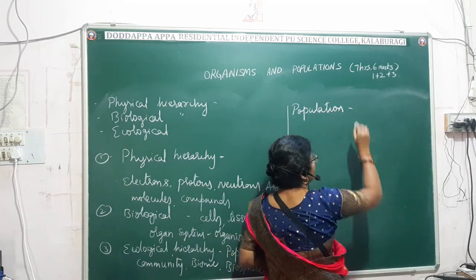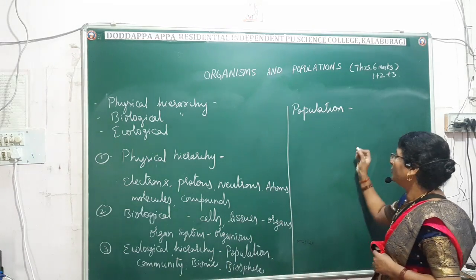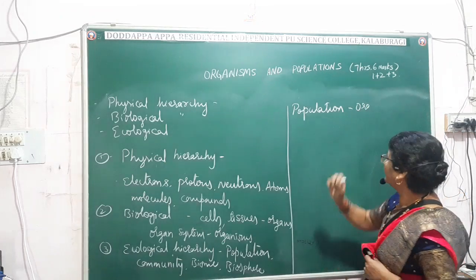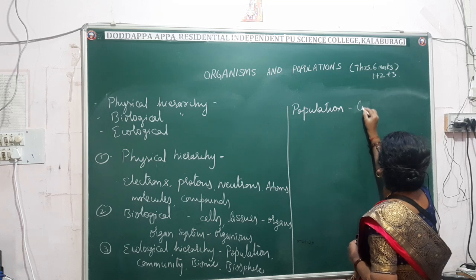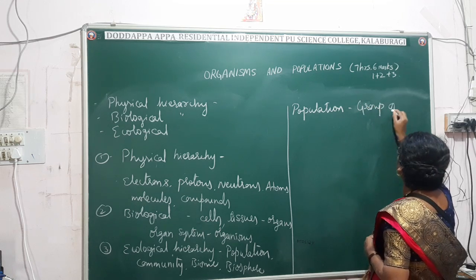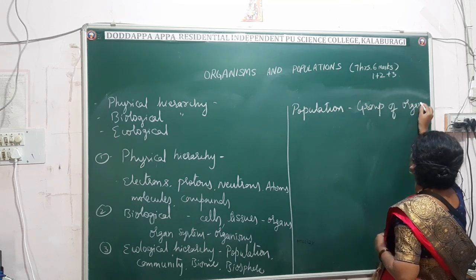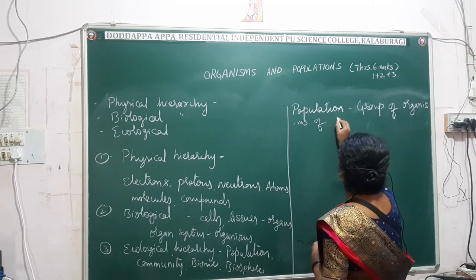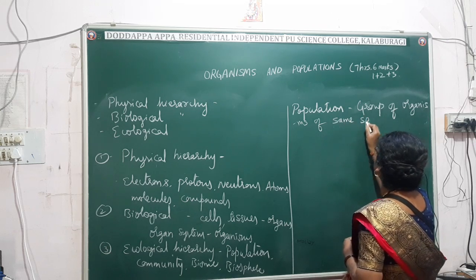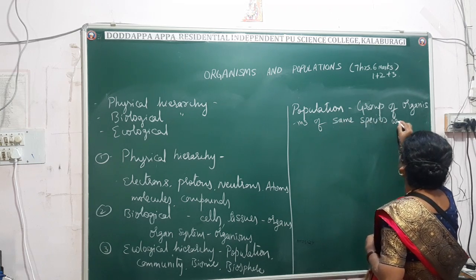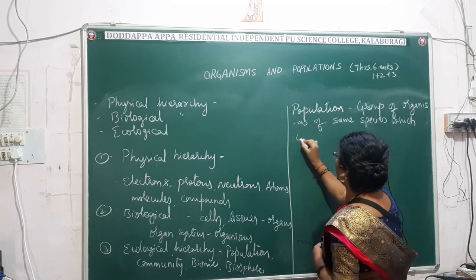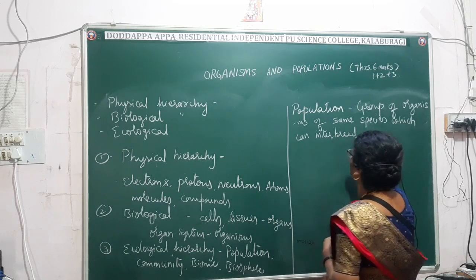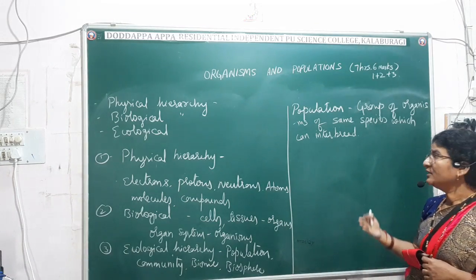Population is a group of organisms of the same species which can interbreed. That is, they belong to the same species.